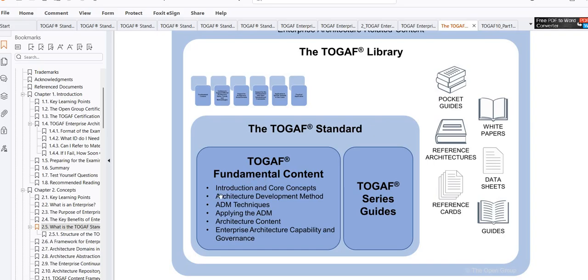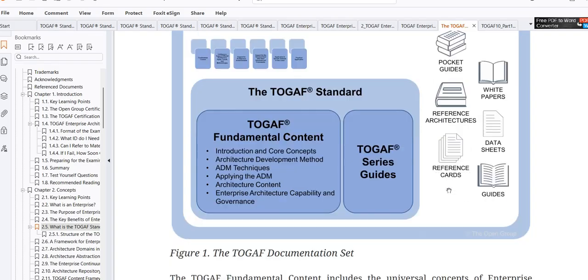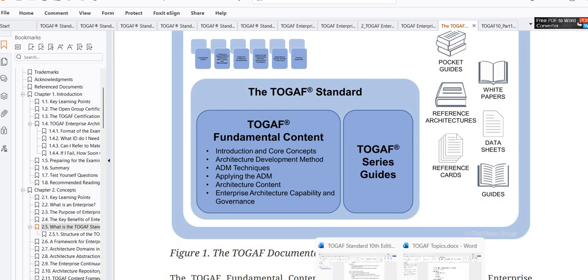The fundamental content covers ADM techniques, applying the ADM, content, enterprise capability planning, how you are going to build the capability, core concepts, and the basic concepts to understand these. And the series guide is a detailed plan of how you are going to do it.